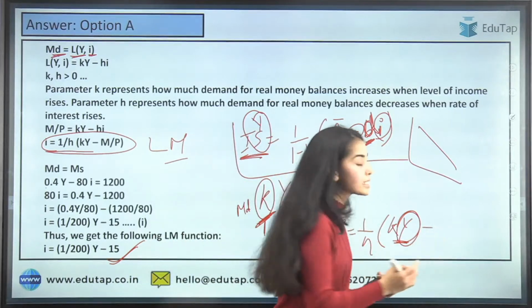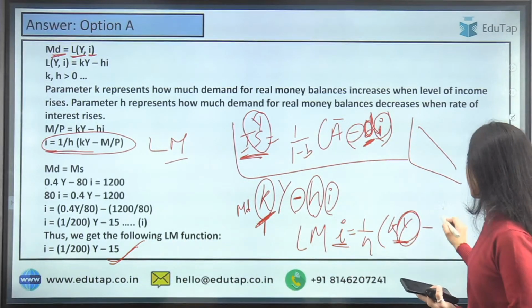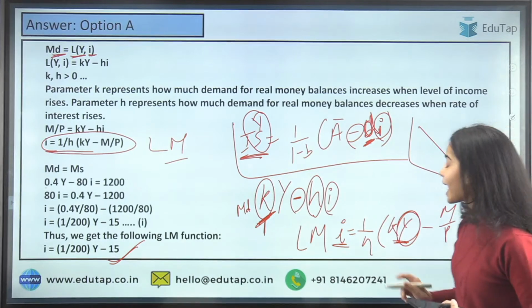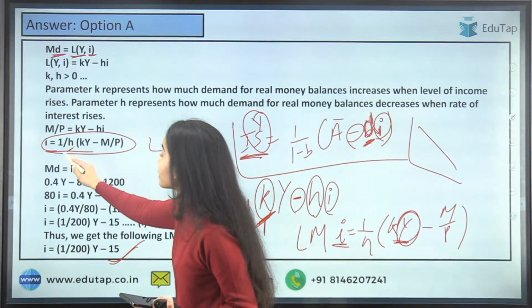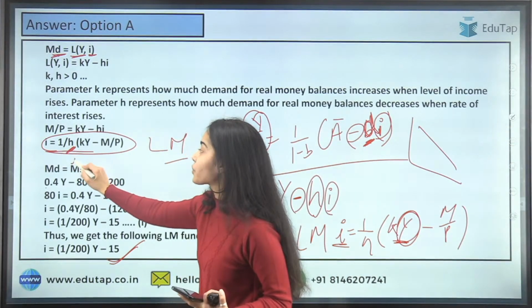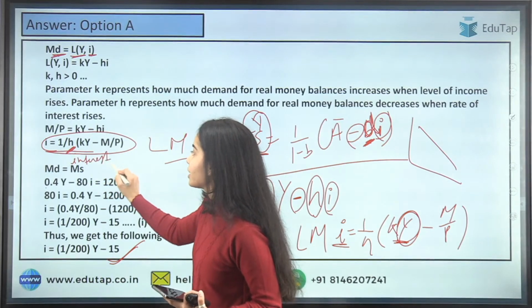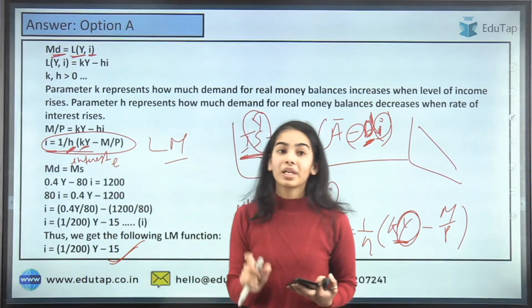So this is the equation of the LM curve, and H is showing the interest elasticity, and K is showing the income elasticity.